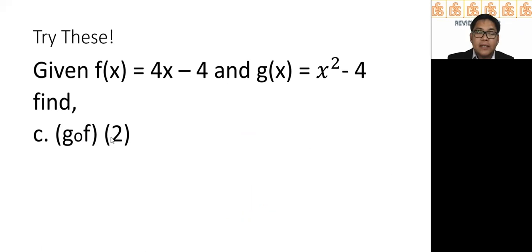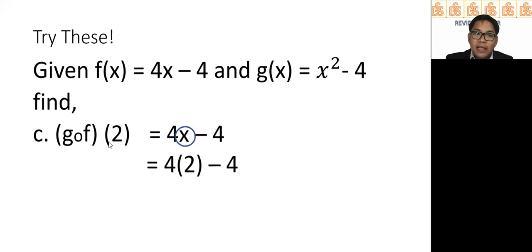When this is x, we write first the function which is written first. But when there is already a specific value, we write first the function that is closer to the value. In that case, it's 4x minus 4. And then we replace x by the given, which is 2. So 4 times 2 minus 4 is 8 minus 4, or 4.